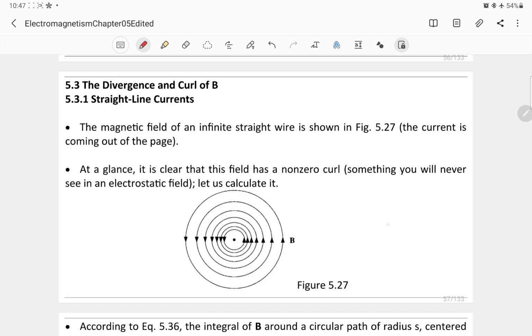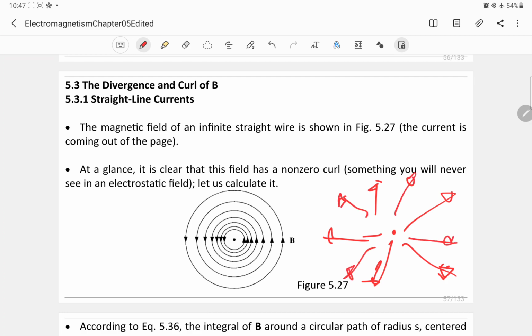Unlike the electric field, when you have a positive charge, the field goes out of the charge, diverging from the source. So you have a divergence of the electric field, and the divergence of E is not equal to 0.